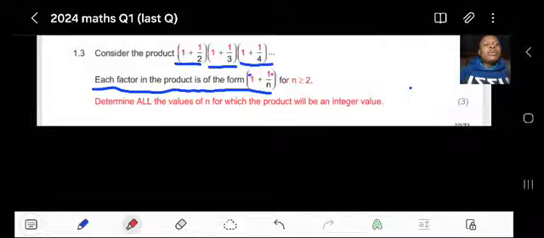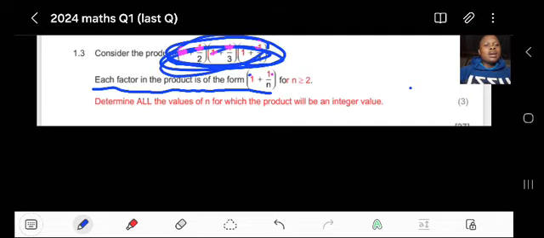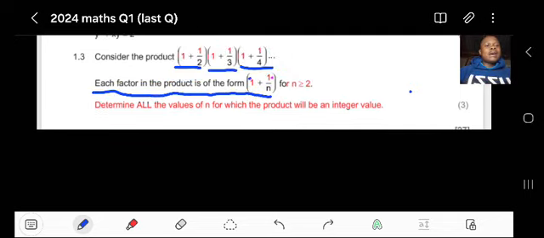When we multiply what we have here, the product at the end must give us an integer. An integer is a number like 1, 2, 3, 4, 5, a counting number, but not a decimal number. For example 1.3 or 1.5 is not an integer.